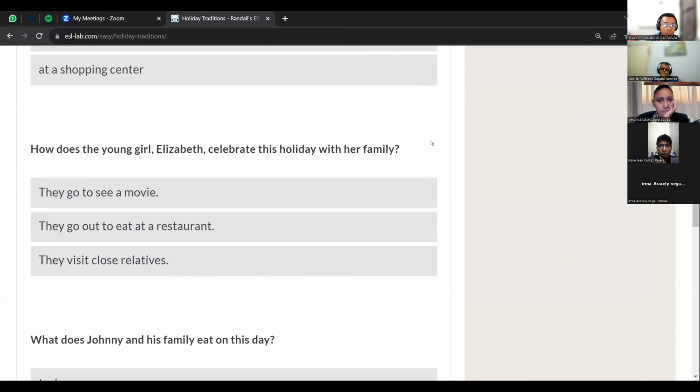How does the young Elizabeth celebrate this holiday with her family? They go to see a movie, they go out to eat at a restaurant, they visit close relatives.